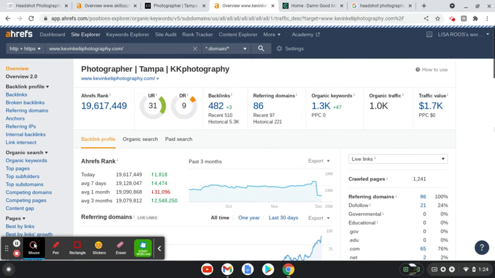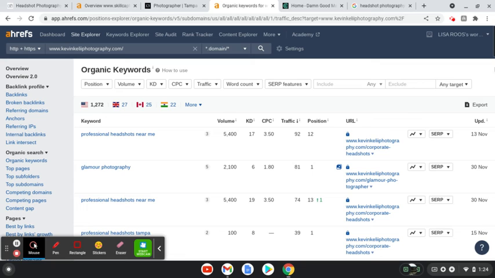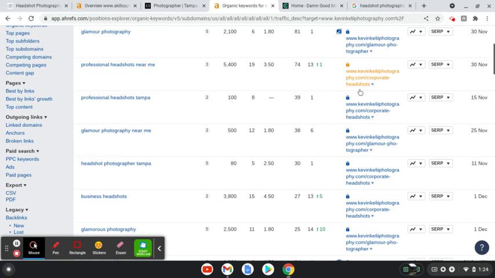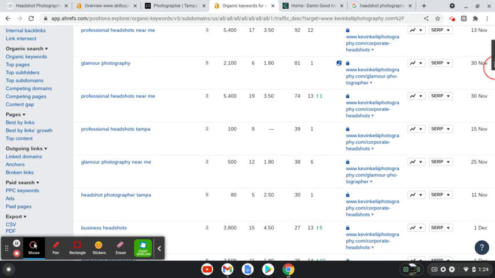Just to touch on their organic keywords, they are being found for glamour photography. They're being found for professional headshots Tampa. They're actually in that number 1 spot. They are being found for headshot photographer Tampa, and this is a keyword difficulty of 5. We could easily get you up there, right behind him, or if not above him.